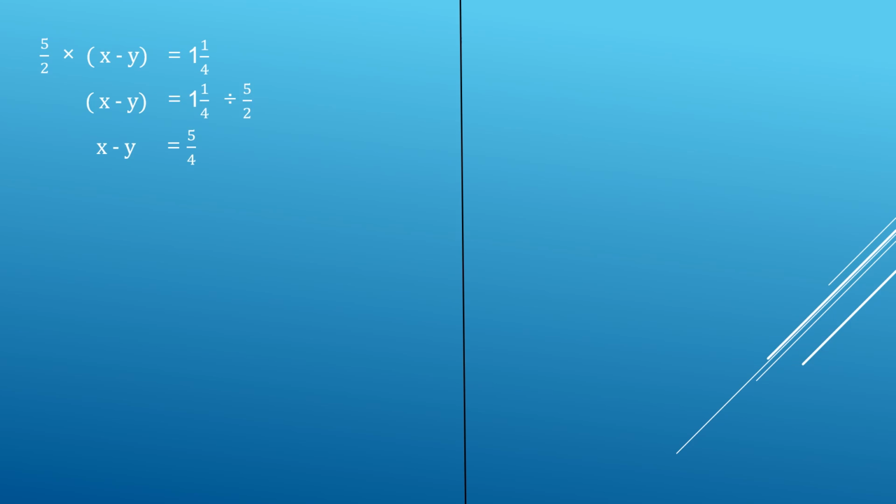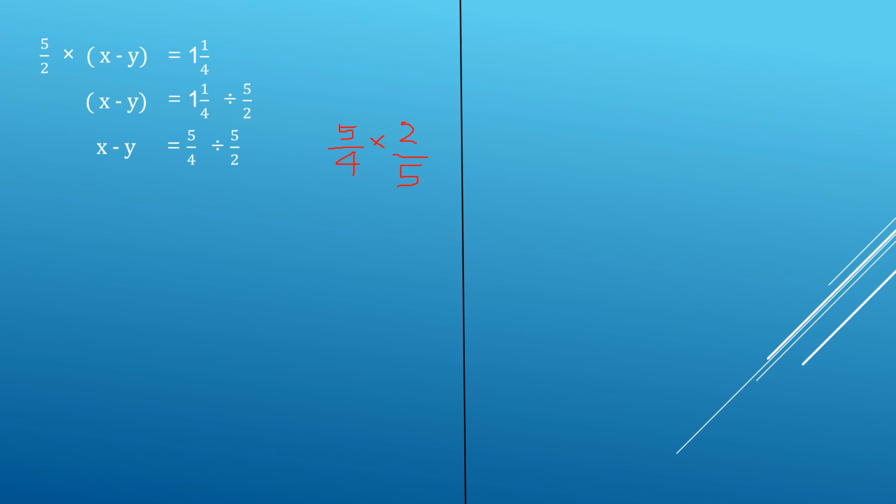Yes, we have said that this is 1 by 4 divided by 5 by 2. How will you divide two fractions? We have learned multiplying by the reciprocal, isn't it? There is no change for 1 by 4, and we multiply it with the reciprocal of 5 by 2, that is 2 by 5.